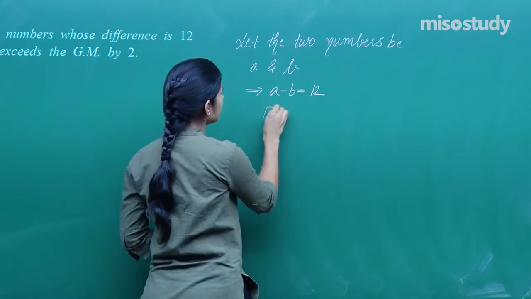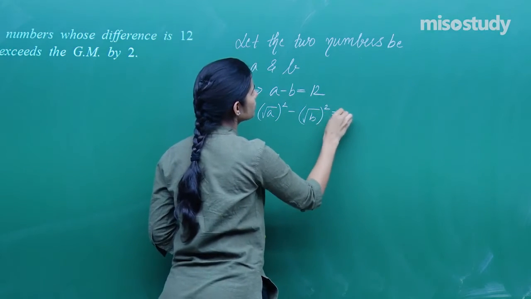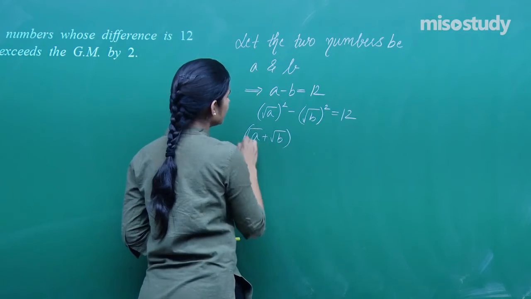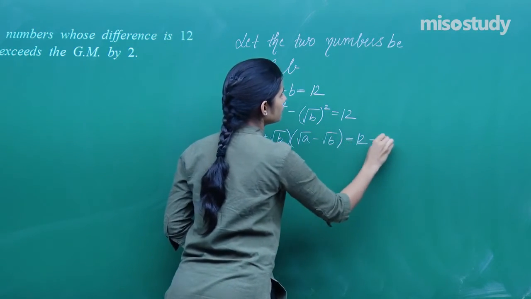I can write this as root A whole square minus root B whole square equals 12. That is root A plus root B into root A minus root B is 12.